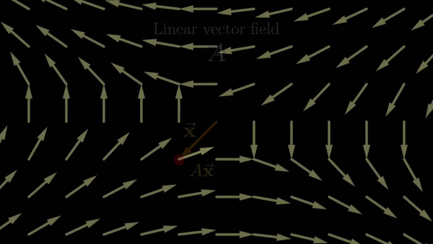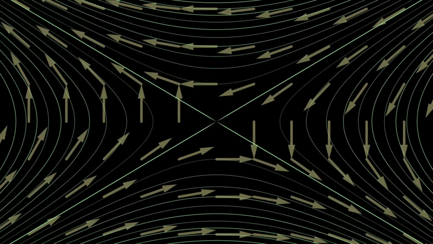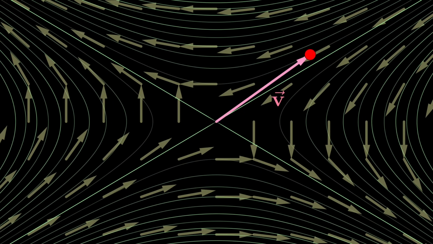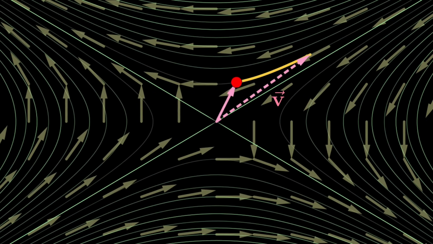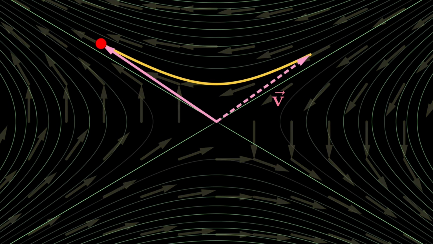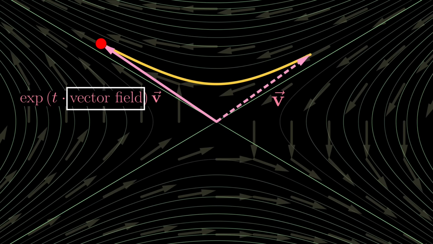So when we try to exponentiate this particular vector field, as usual, we consider how it flows. More precisely, given a random point with the associated vector emanating from the origin being v, the flow along this vector field is going to be described by an exponential. The resulting vector is going to be the exponential of t times the vector field acting on v. However, in the case of a linear vector field, we can simply abbreviate this vector field as the matrix A. This is actually how we exponentiate matrices.